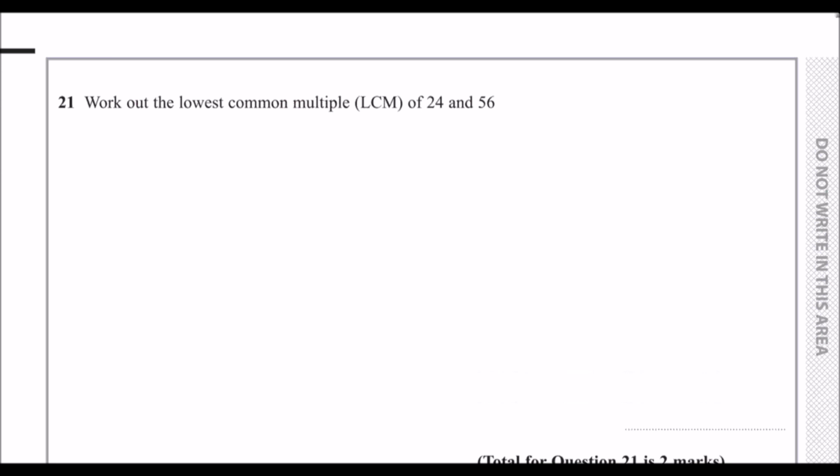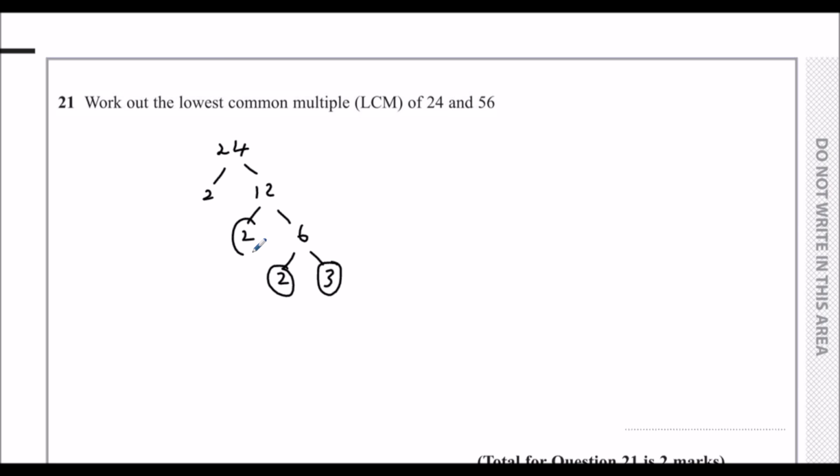Question 21. Work out the lowest common multiple of 24 and 56. So it's the lowest number that's in the 24 times table and the 56 times table. One way of doing this is to write both of them as a product of their prime factors. So break these two numbers down into prime factors. So 24 is 2 12s, 12 is 2 6s, and 6 is 2 3s.